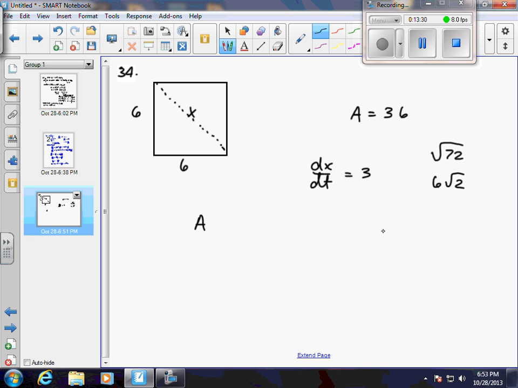Okay, so I told you that the area of a square is half the product of its diagonals. The diagonals are equal. If I multiply the two diagonals, square root of 72 times the square root of 72, and take half of it, what do I get? So do you understand why the formula works?